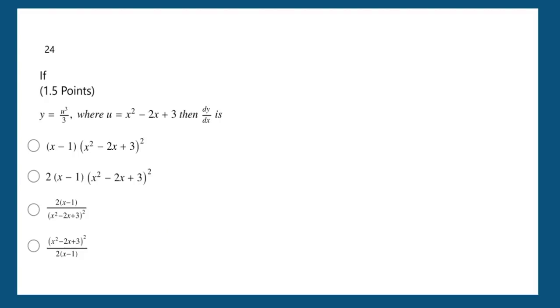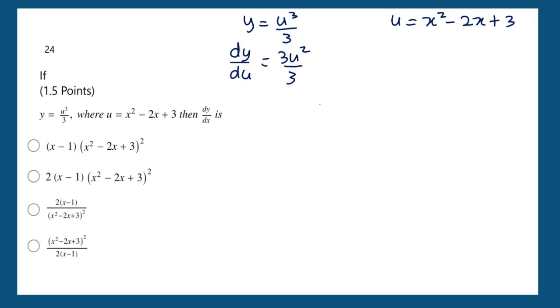Okay, question number 24. You were asked to find dy/dx when y equals u cubed over 3, and u equals x squared minus 2x plus 3. So dy/du will be equal to 3u squared divided by 3, which equals u squared.